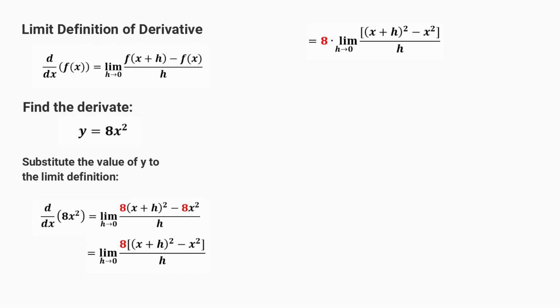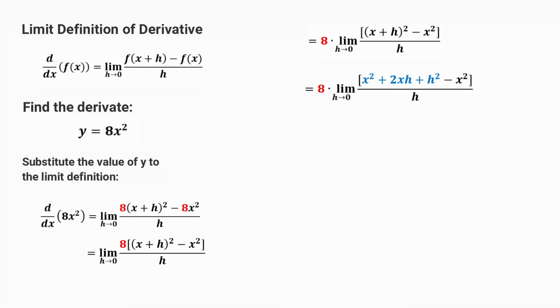Now let's expand x plus h squared, which is equal to x squared plus 2xh plus h squared. Now let's write 8 times the limit of x squared plus 2xh plus h squared minus x squared all over h as h approaches 0.